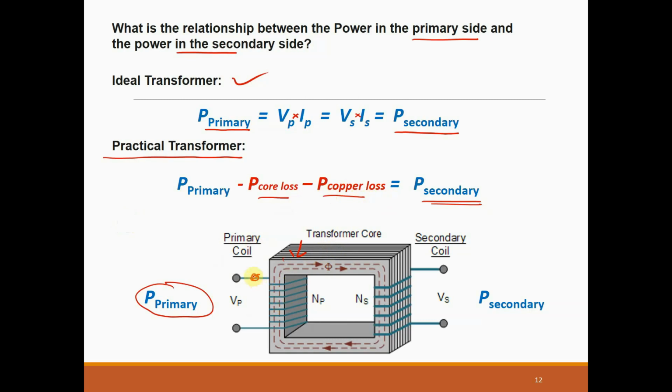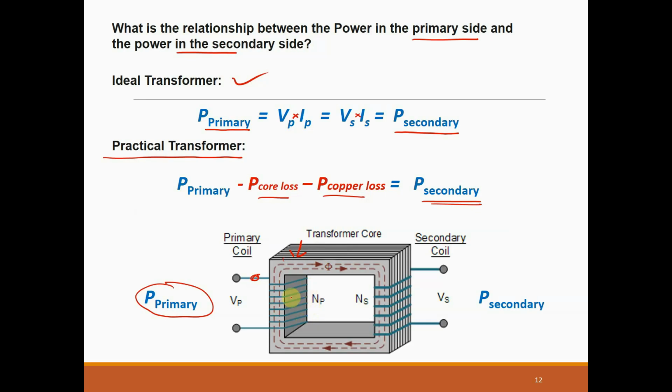this is a winding, right? This is a winding. This is a long wire, right? So it is directly proportional: the longer the wire, the higher the resistance. Okay, if the resistance is higher, there will be a voltage drop, right?